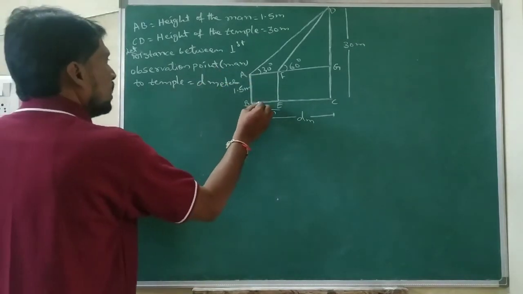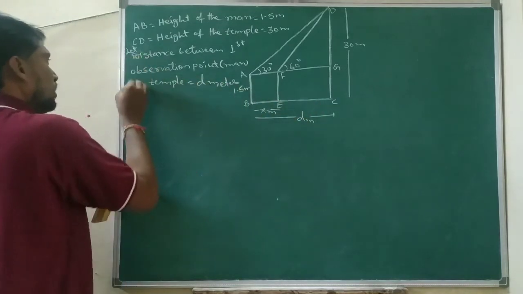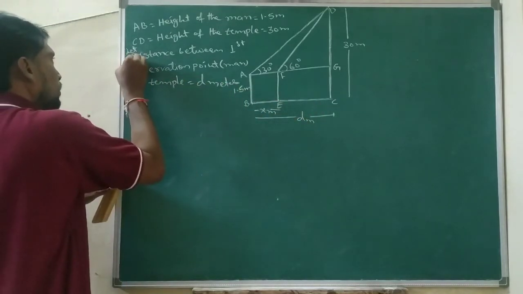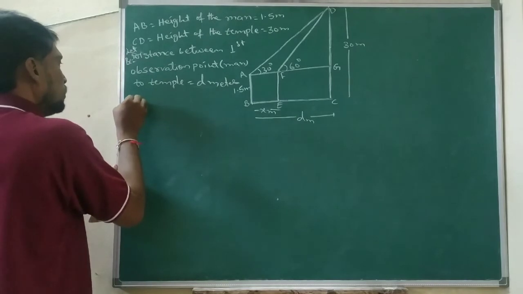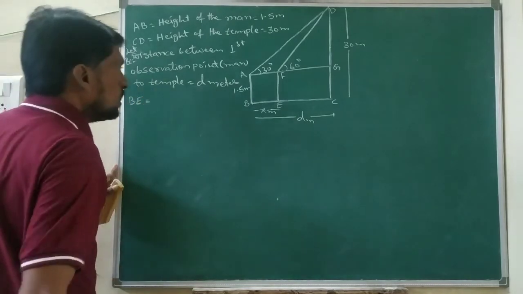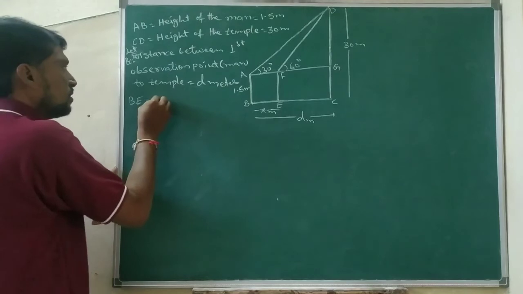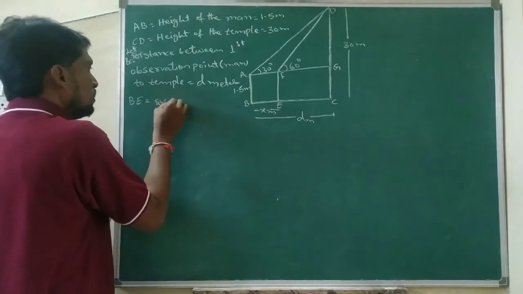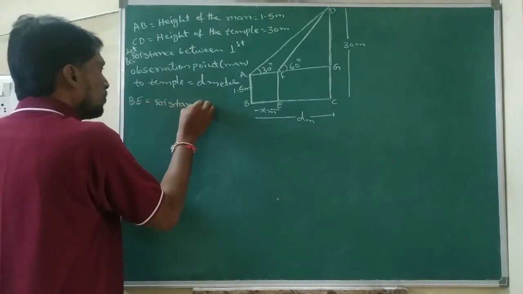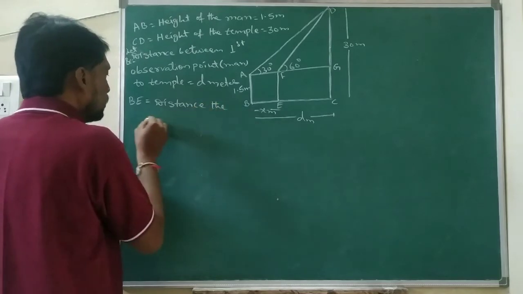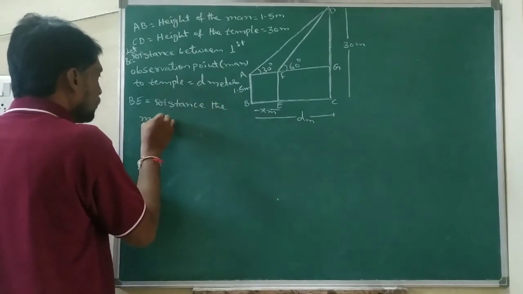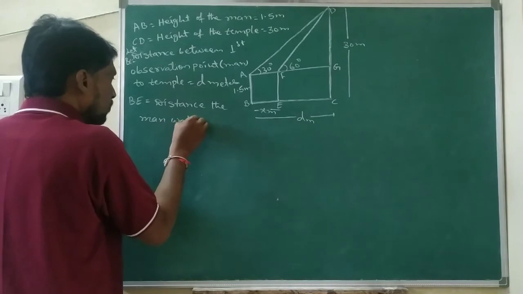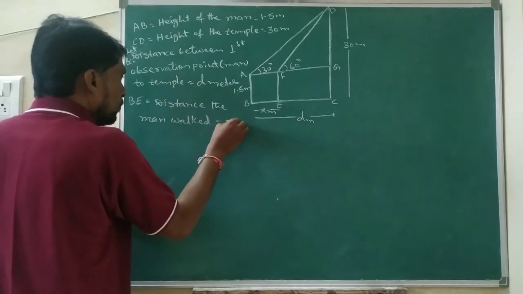Next, BC we are taking. BE equals the distance the man walked, that equals x meters.